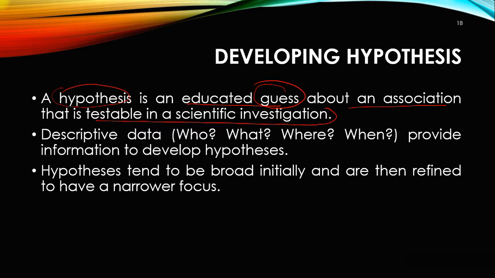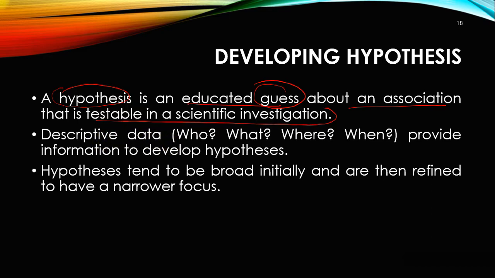Okay, and also this hypothesis is testable. Unless and until it is testable, we cannot call it a hypothesis. Testable means we should be able to prove what is the cause and what is the effect. We should be able to link these two terminologies.